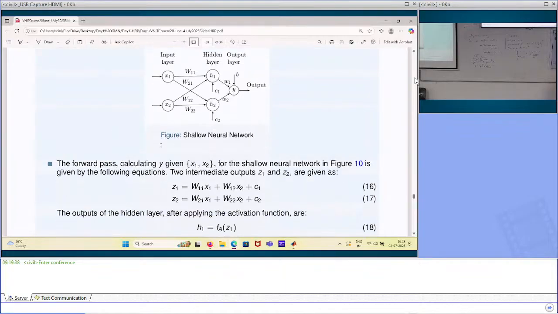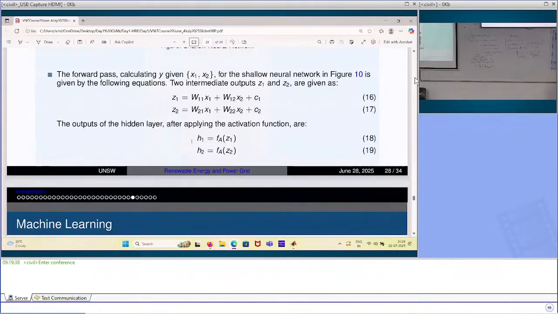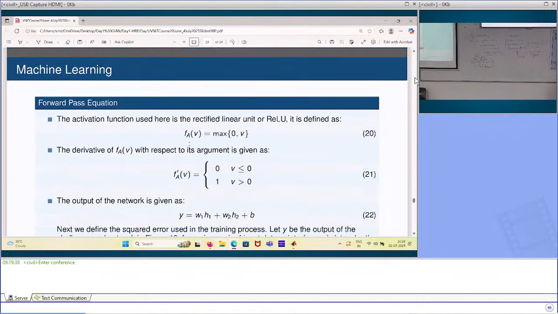Now, Z1 is that, and from Z we get H. So that H is max(0, V), what we were doing before. Not 1 but max(0, V). So please draw this function in your notebook.